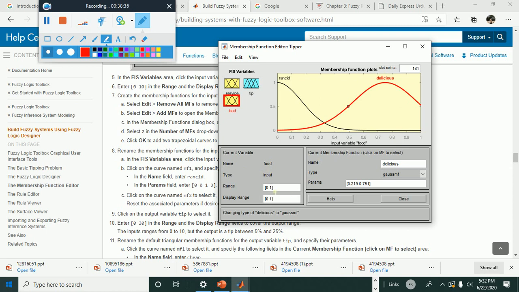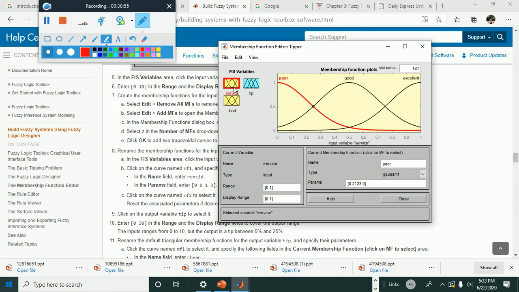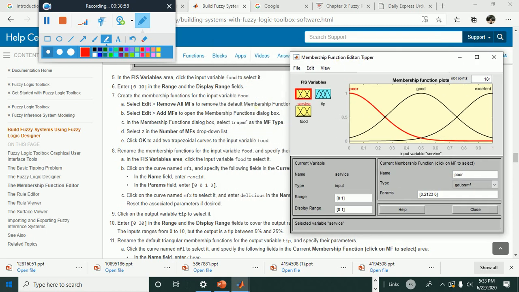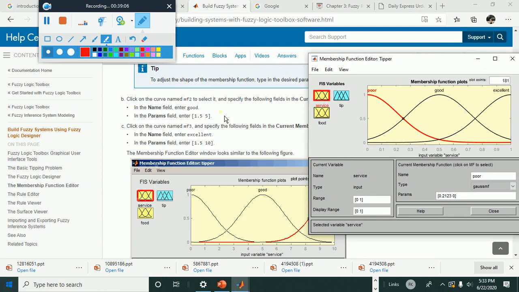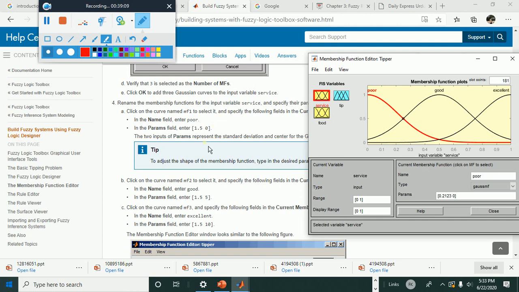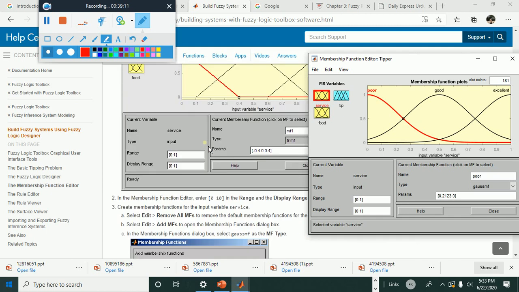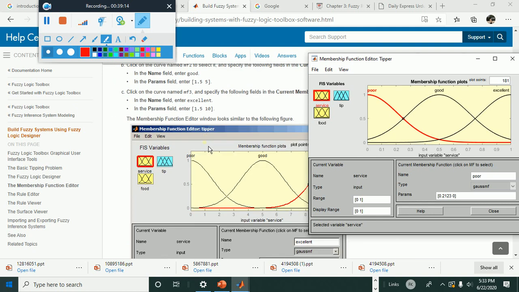You can change the range from 1 to any value. You can also change the display range. So we will see what range they have used for the different membership functions. First of all we will see the membership function of service.